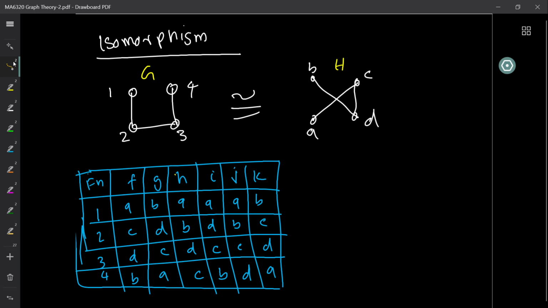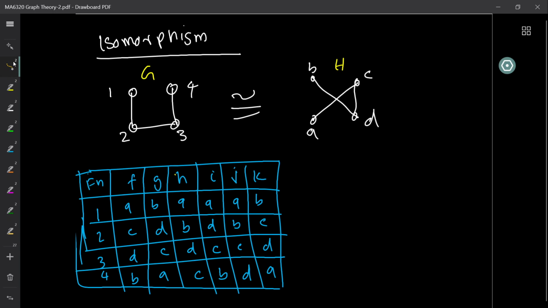Here I have listed some functions f, g, h, i, j, k, which are all bijections from the vertex set of G to the vertex set of H. We can check whether one of them is an isomorphism or not.